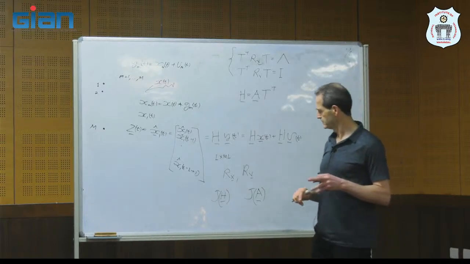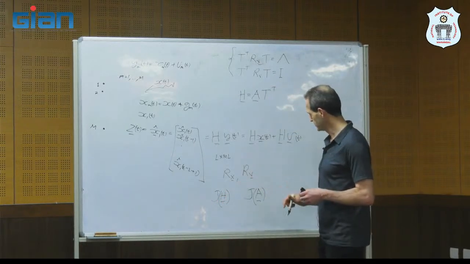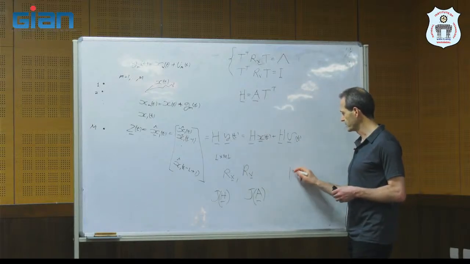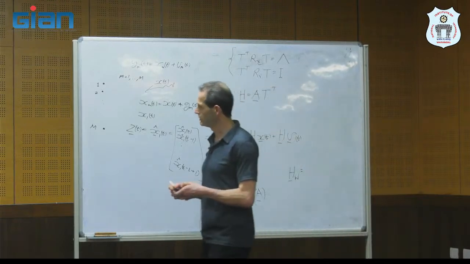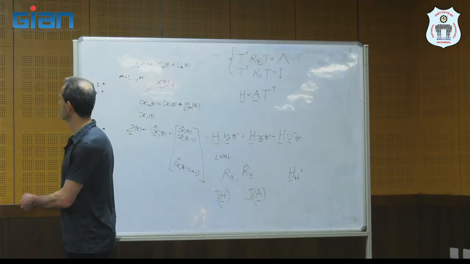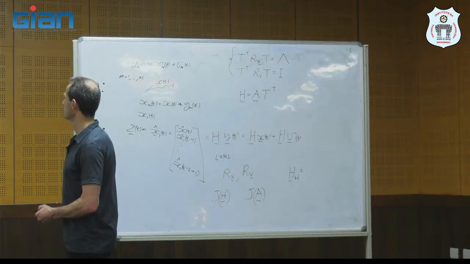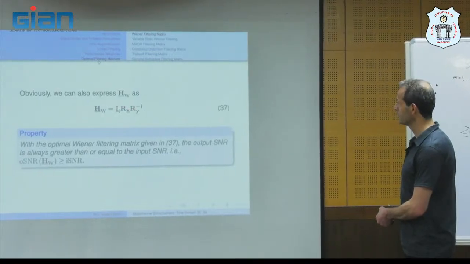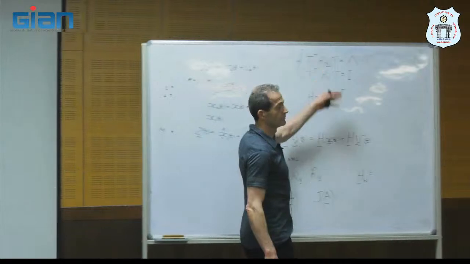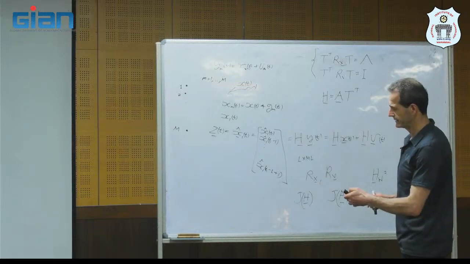And we saw that you can write H, the Wiener filtering matrix, directly without using the transform, this generalized eigenvalue decomposition. You can write H Wiener like this.